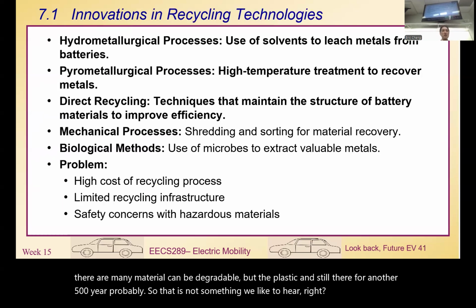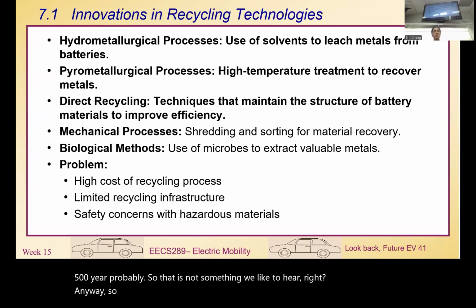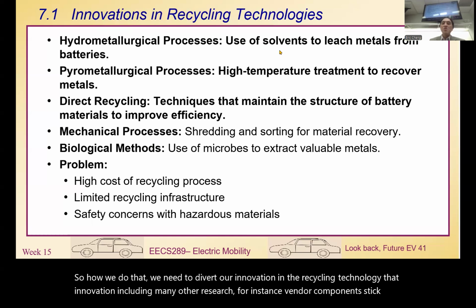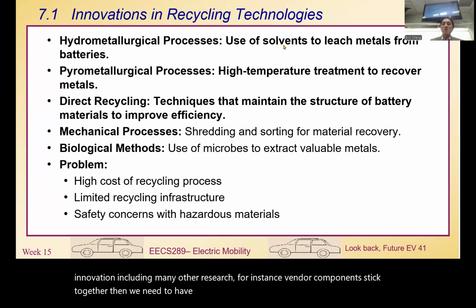Anyway, how do we do that? We need to develop innovation in recycling technology. That innovation includes many other research. For instance, when the components stick together, we need some special solvent to remove the material.